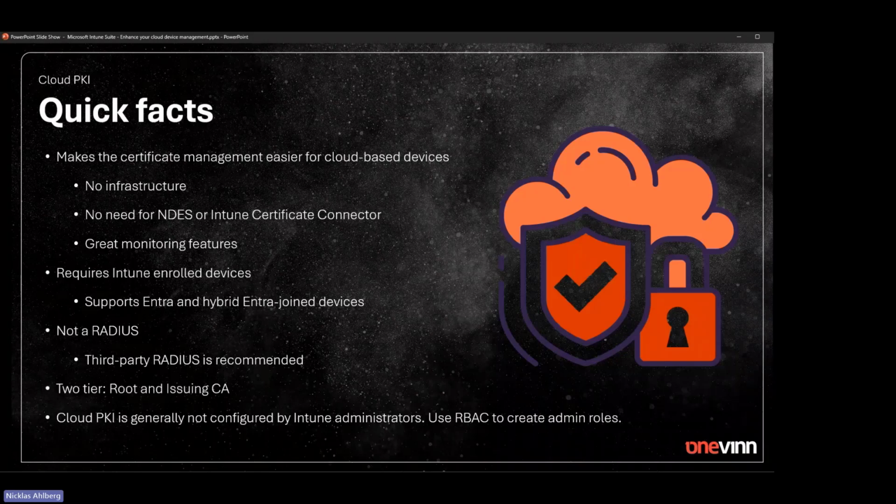What we have seen before is that we give those team members from the security team the full Intune admin role, but that's definitely not recommended because they can do everything within the Intune portal, right? With those permissions. So that's why we would really recommend the use of RBAC to create a custom role for this to minimize what they can do, to follow the principle of least privilege.